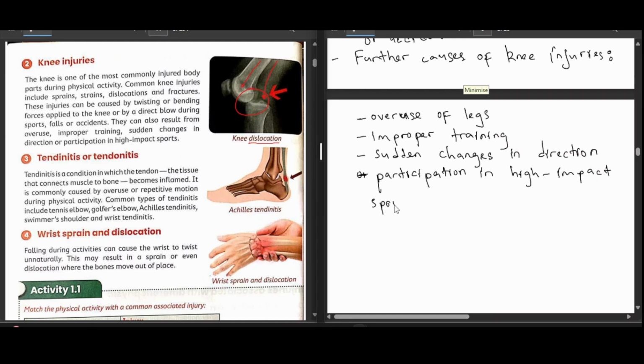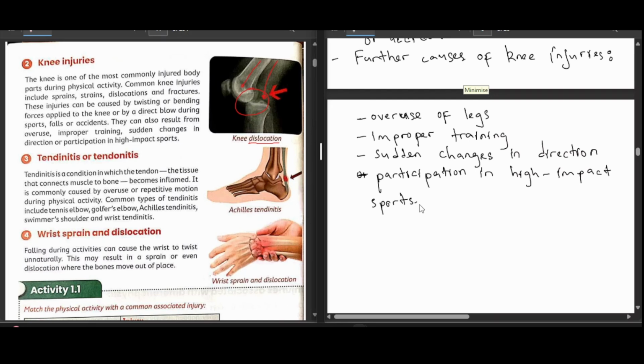When we talk about high impact sports, we mean sports where there is a lot of contact. We have low impact sports like tennis, where there is no contact, so less impact. But we have high impact sports like soccer, especially rugby. So the level of impact varies with the sport.